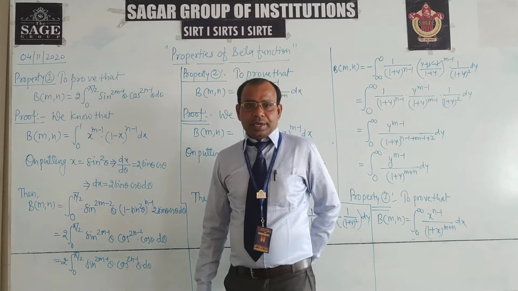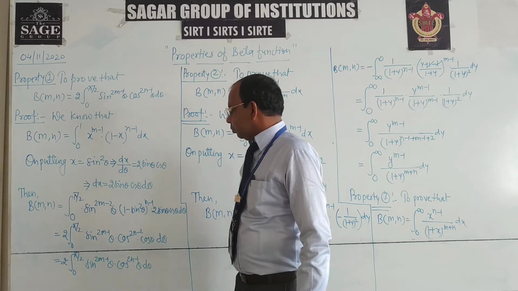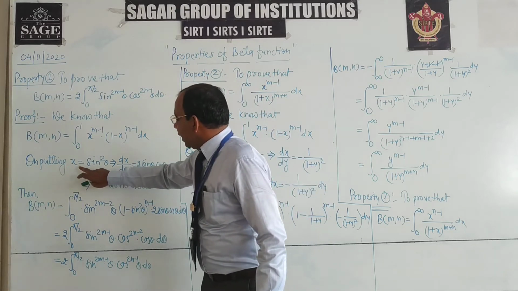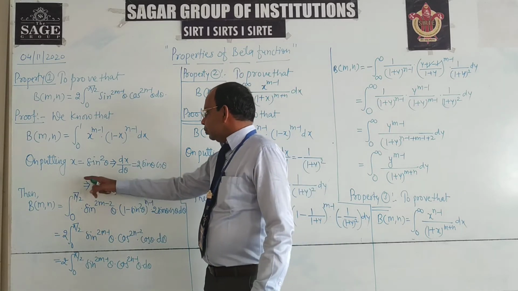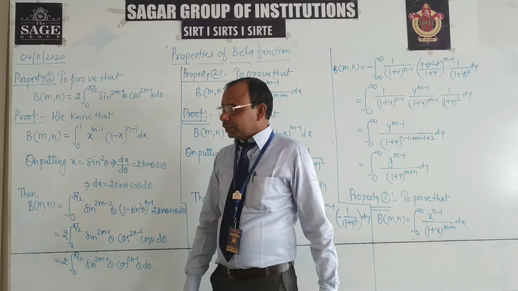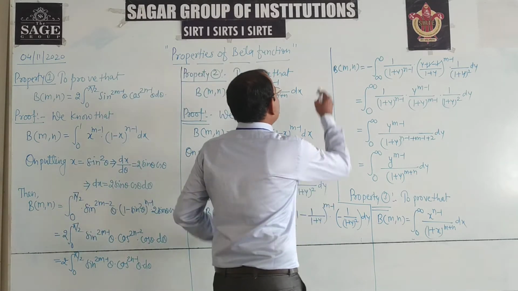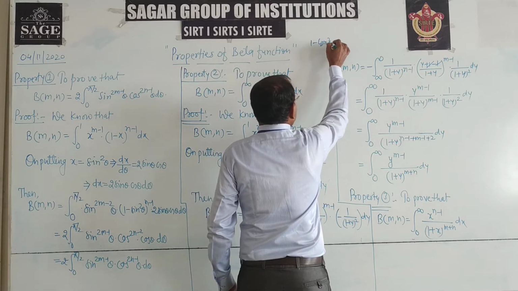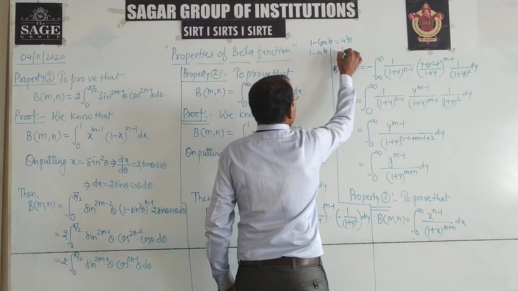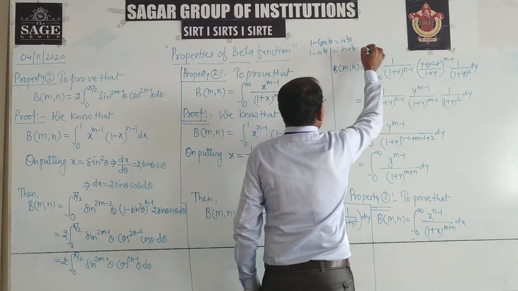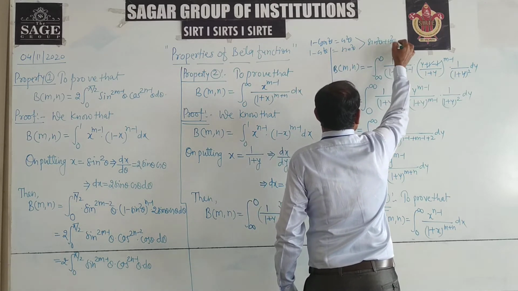Now we can use a trigonometrical substitution, putting x equal to sin square theta. How? Here the trigonometrical identities are 1 minus sin square theta equals cos square theta and 1 minus cos square theta equals sin square theta, and both properties belong to sin square theta plus cos square theta equals 1.